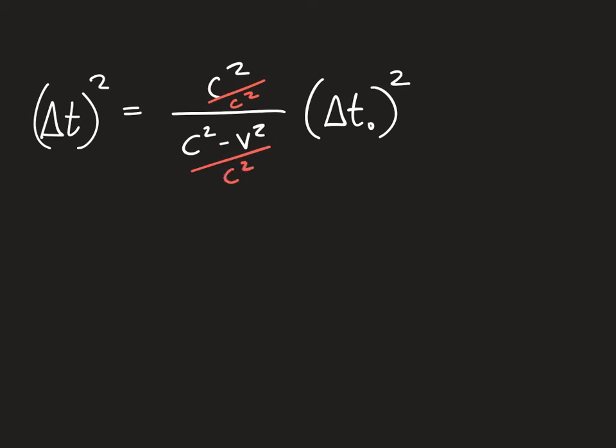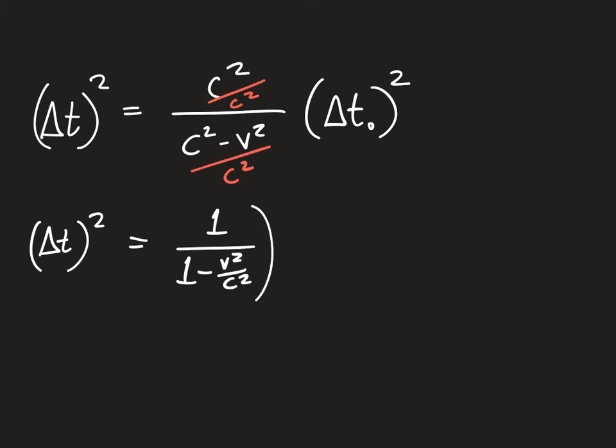I can divide numerator and denominator by the same thing. That's the same as multiplying by a fancy form of 1, really. Okay? And so I'll get my delta t squared, but now it'll be 1 over 1 minus v squared over c squared, which is a little better, times this delta t naught squared.